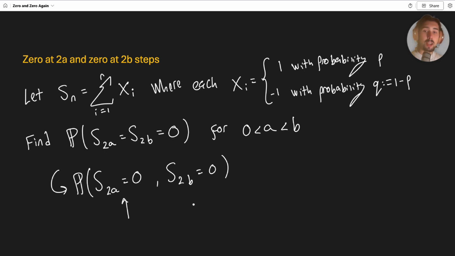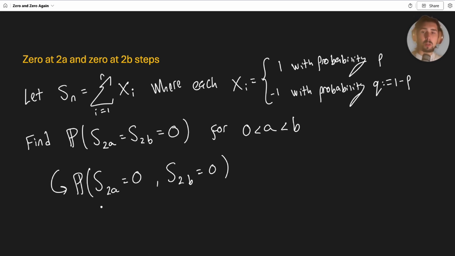But this and this are not independent. You might remember that in the last video, we found the probability of this. This is actually a binomial situation of just what is the probability that after 2a or 2k steps we have returned to 0. Not necessarily for the first time, but we have returned to 0. And we've worked it out and it was binomial.